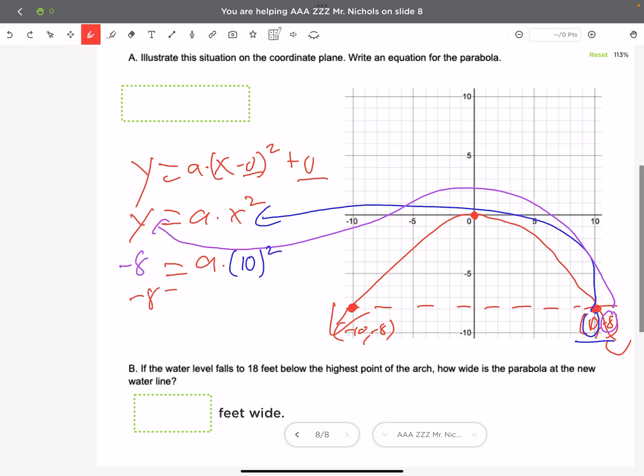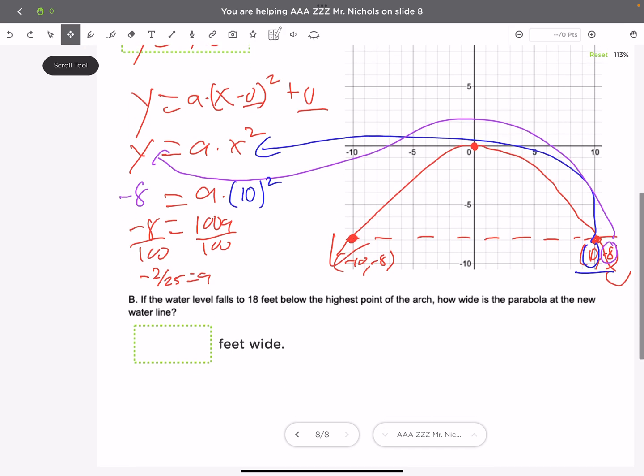And that's just -8 is equal to 100a, divided by 100, divided by 100, my a. And so that simplifies to -2/25 is equal to a. So my final answer for this equation would just be y is equal to -2/25 x squared. And so that's my equation for the parabola.